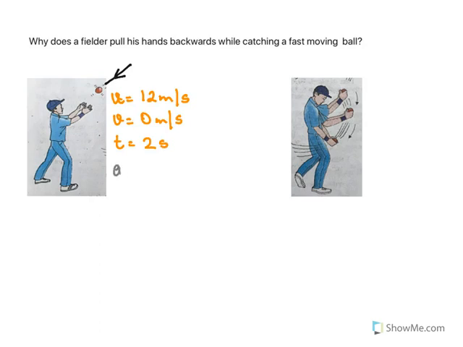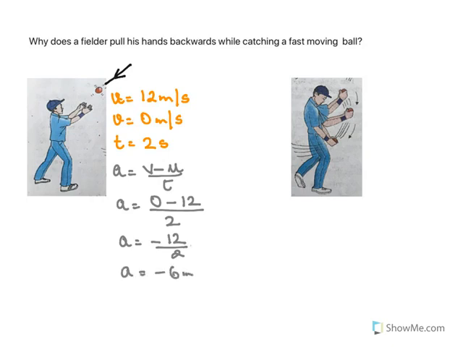So the acceleration in this case, we know what is acceleration, V minus U over T. So the acceleration will be, V was 0 minus 12 over 2, time is 2, so minus 12 over 2, and that would be minus 6 meters per second square.